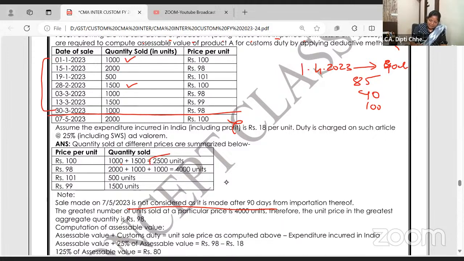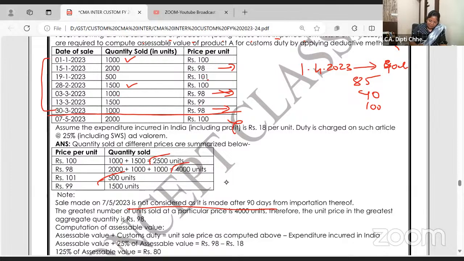At 98, 2000, and at the rate of 98 another 1000 and another 1000, 4000. Okay, these are at 98 rate. Now at 101, one lot of 500.